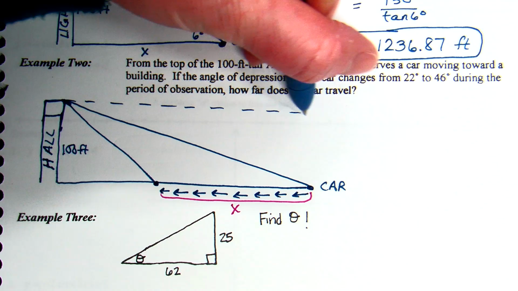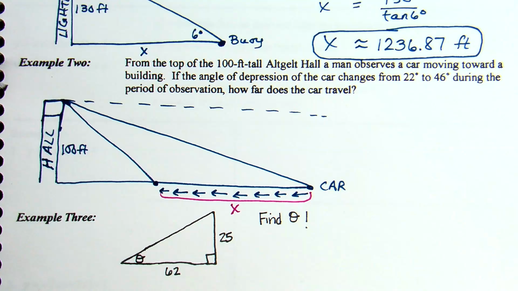Okay, I'm drawing out my horizontal for reference, not that you have to draw yours. When the car was first noticed, the angle of depression was 22. So that 22 is from the horizontal to the longer hypotenuse, going all the way out to where the car was observed. If that's 22, what else do we know?